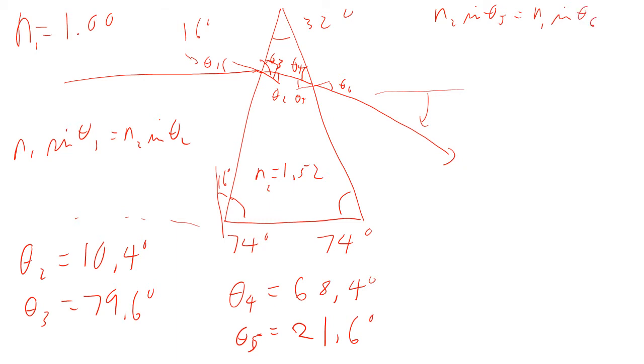So we go through the mathematics there, and theta 6 turns out to be equal to 34 degrees. With that, we can get theta 7. Theta 7 is going to be 90 degrees minus theta 6, so that would be 56 degrees.